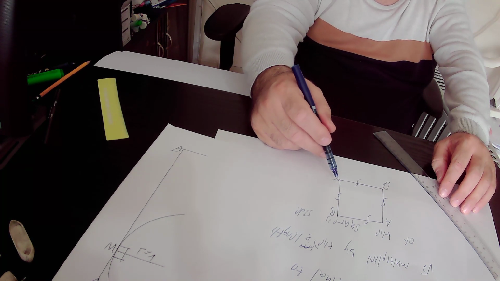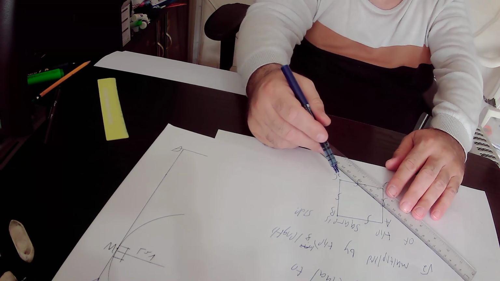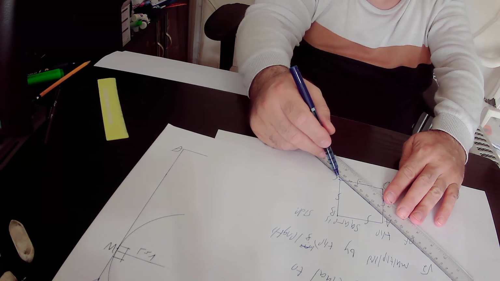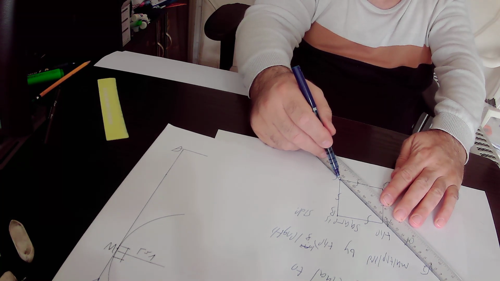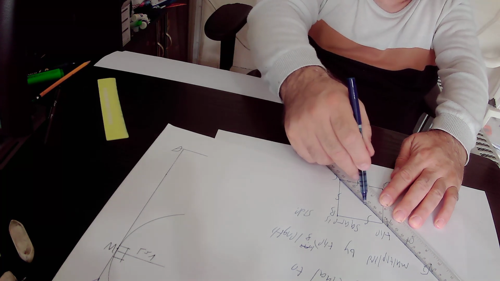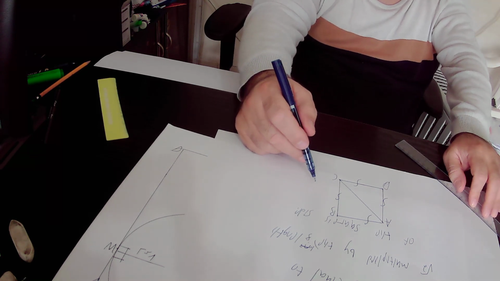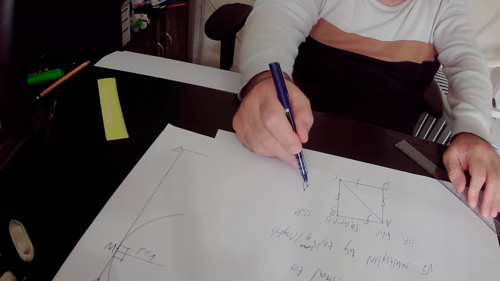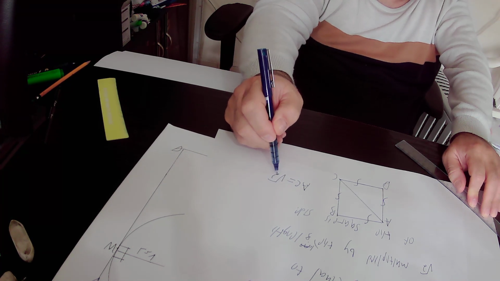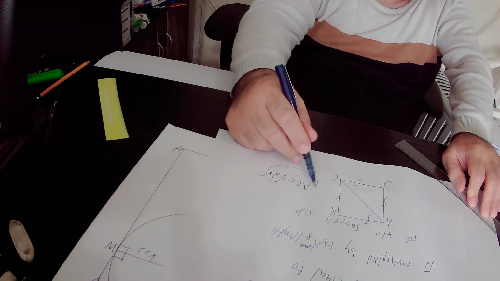Then if the side of square ABCD equals S units, the length of the diagonal AC will be equal to square root of 2 times S. Okay?